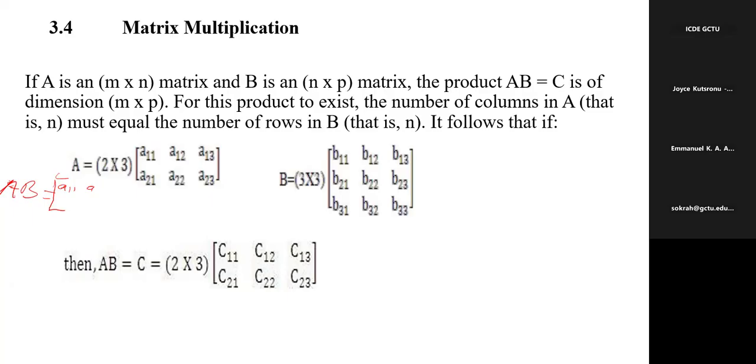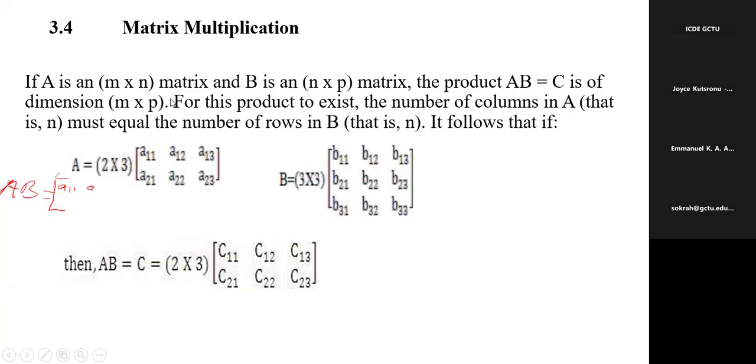Now, what am I saying here? For you to be able to multiply two different matrices A and B and get the result, if the first one is M by N, that's the size, and the second one is N by P, when you finish, the resulting product of the matrices should be what?